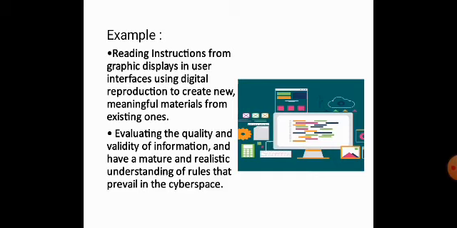Evaluating the quality and validity of information, and having a mature and realistic understanding of the rules that prevail in cyberspace. So it helps us evaluate whether information is fact or wrong, good or not.